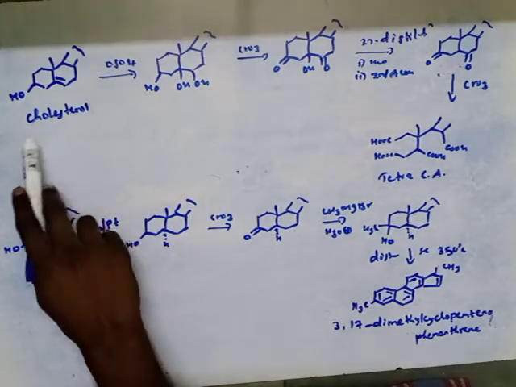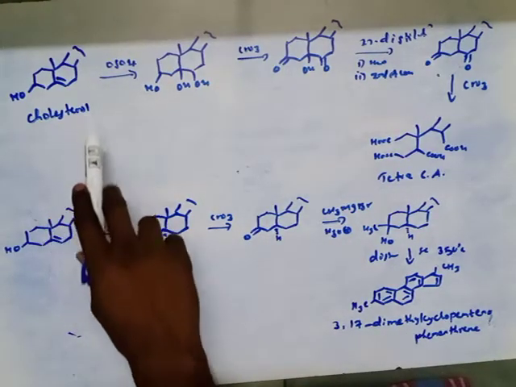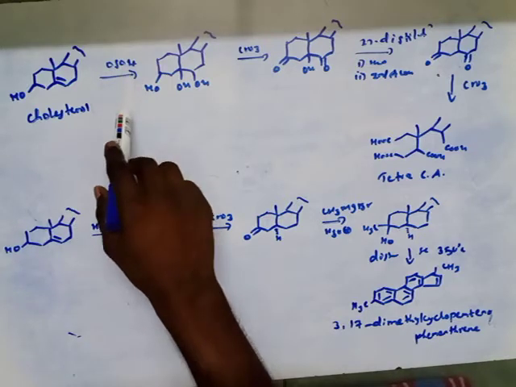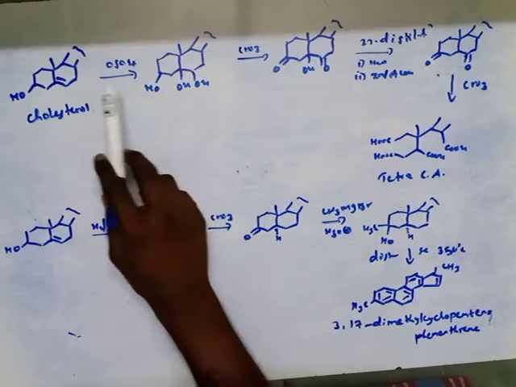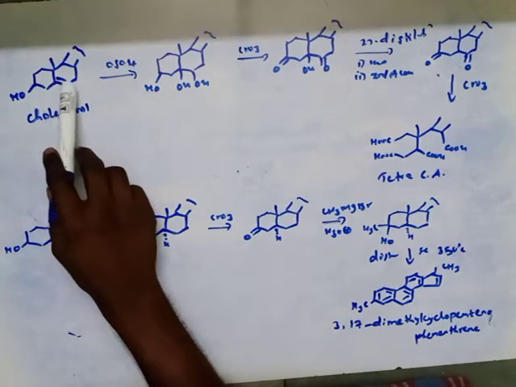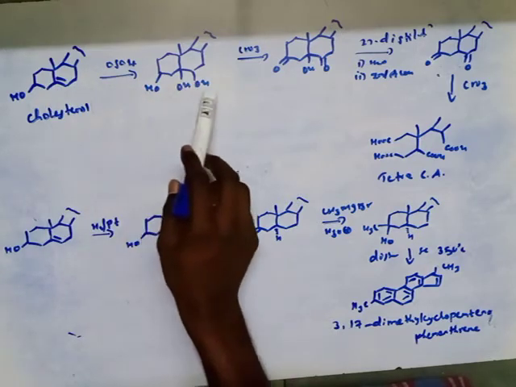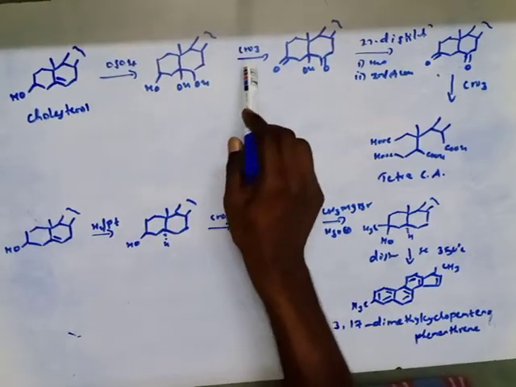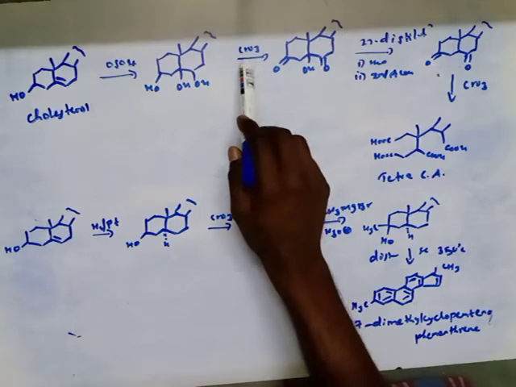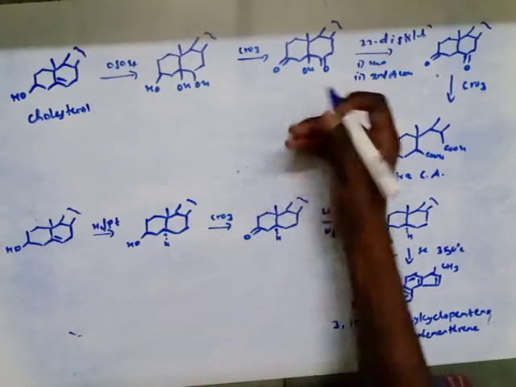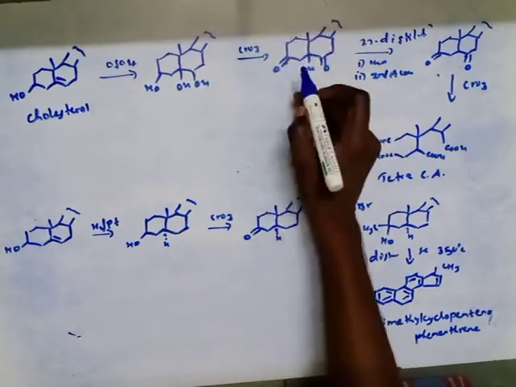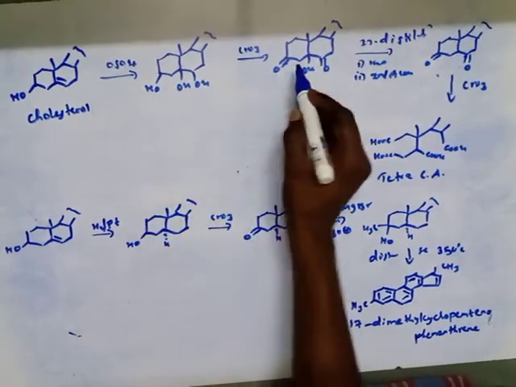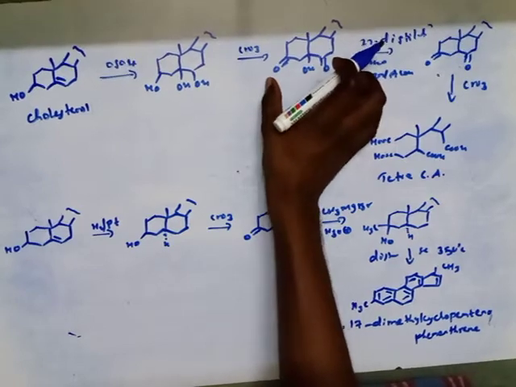In the same way, the cholesterol reacts with osmium tetroxide, and dihydroxylation takes place at the double bond. In place of the double bond, dihydroxylation takes place, and then this reacts with chromium tetroxide, which is the oxidizing agent, so these two OH groups will be converted into ketonic groups.